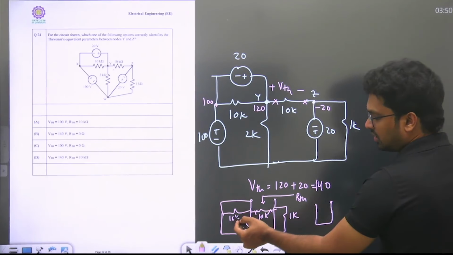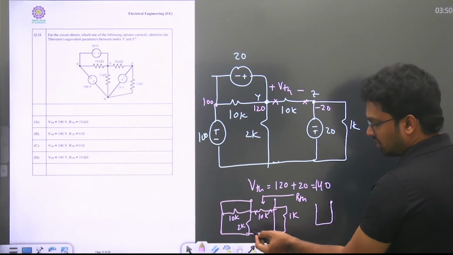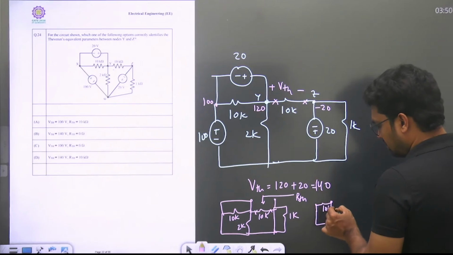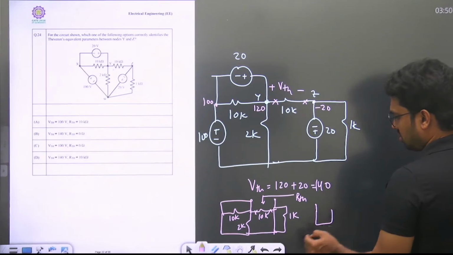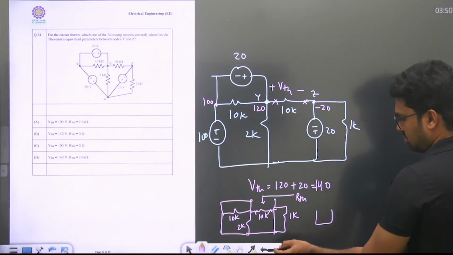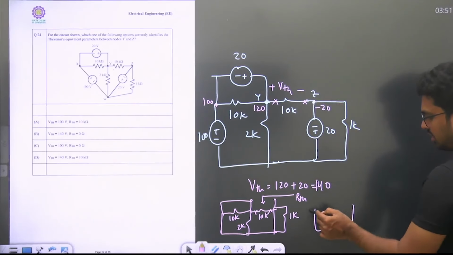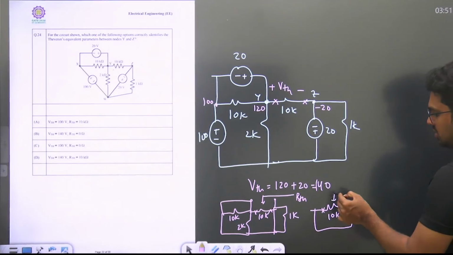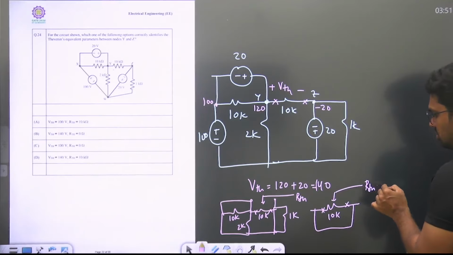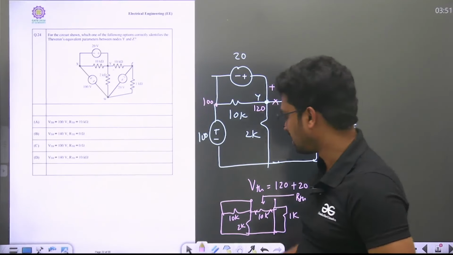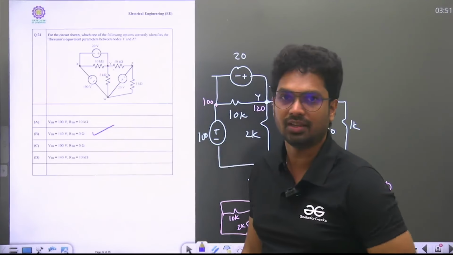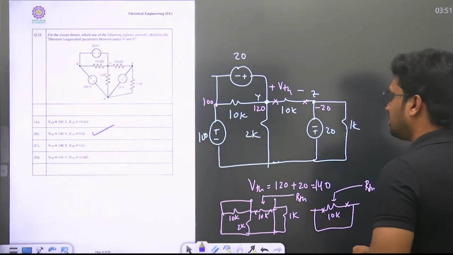Because 0 parallel with anything is 0, even if this 10K is present or removed, in any case my RTH is equal to 0. So my answer is 140, 0. Option B. Let's go to the next question.